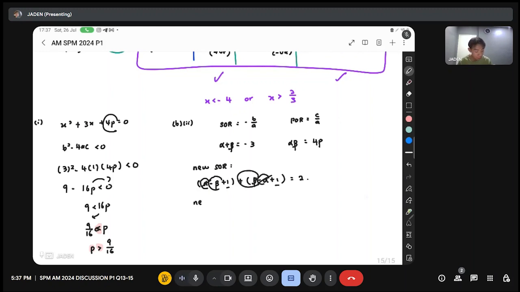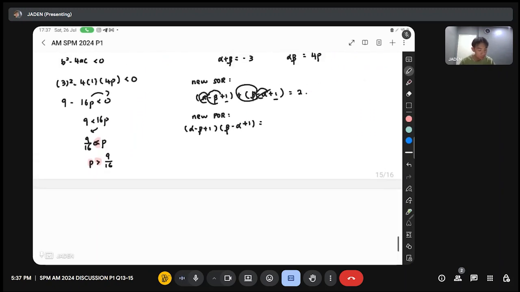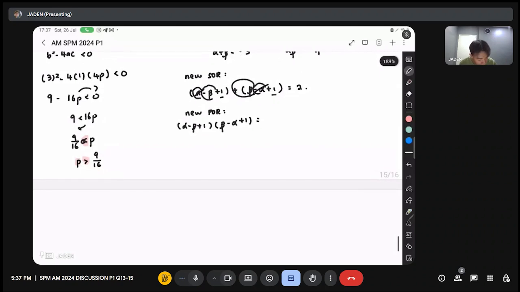But for new POR, okay, this one you're going to be careful. So alpha minus beta plus 1 times beta minus alpha plus 1. Okay, let's do it step by step. I want you to listen carefully because you want to get this right. So let's do it one by one. Alpha times beta, alpha beta. Alpha times negative alpha, you get negative alpha squared. Alpha times positive 1, you get alpha here.